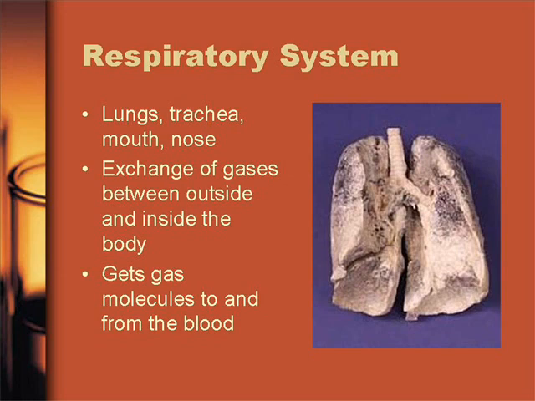The respiratory system not only does this gas exchange between the inside and the outside of your body, but it gets gas molecules into the blood, the oxygen that needs to be circulated throughout your body for proper function. But it also removes molecules from the blood, in this case, the carbon dioxide waste. So you can, of course, relate it to the circulatory system. It can also be related to the integumentary system because you need holes in your body to get the air in and out.